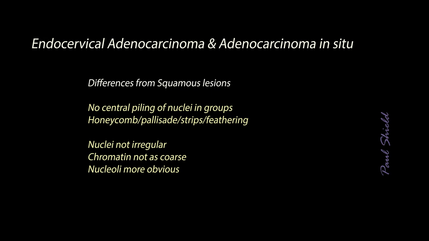And then in terms of nuclei, generally these are more uniform and the chromatin is not as coarse as it is in a high-grade cell. The nuclear membranes tend to be less irregular, indented, than are seen in high cell. And it's variable, but nucleoli are generally more commonly seen in glandular lesions.